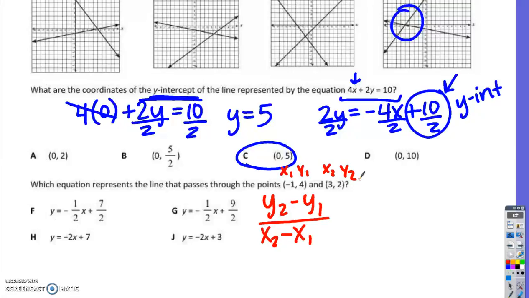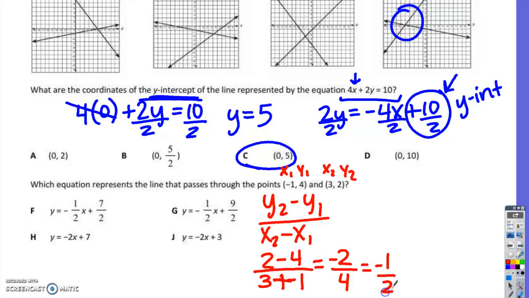I'm going to end up getting y2 is 2 minus 4 over 3 minus a negative 1. Watch out for those double negatives, you guys. What do we do with the double negative? We add them. Okay, great. So we're going to end up with negative 2 over 4, which reduces to negative 1/2. So I can go through and eliminate a couple answer choices there.